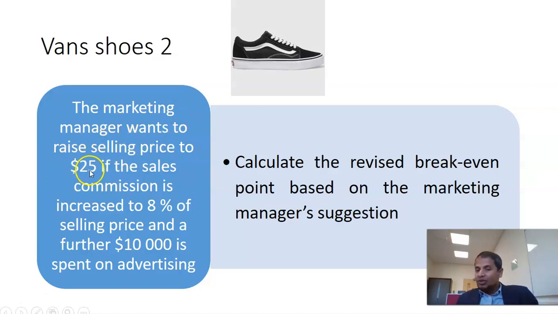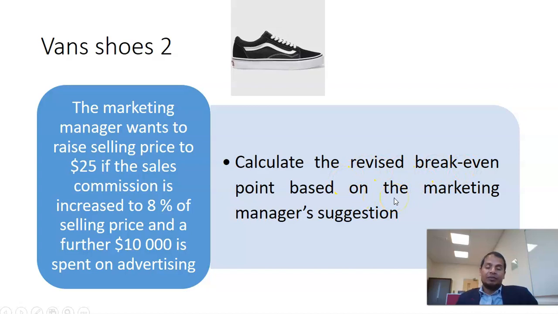Sales price was 24. Now if you charge 25 sales price and sales commission is 8%, that is 8% of 25, and add with 8.6, that is your variable cost per unit, and 10,000 further if you spend on advertising, that is fixed cost. So your fixed cost increases, variable cost increases, and your sales price increases. If this is the case, then what would be your break-even point?